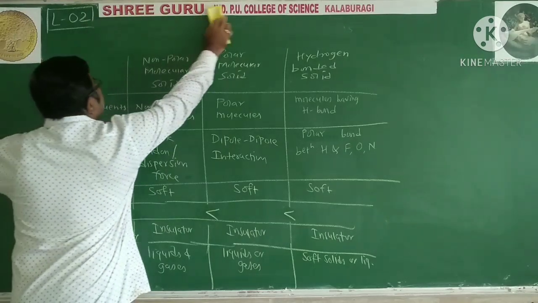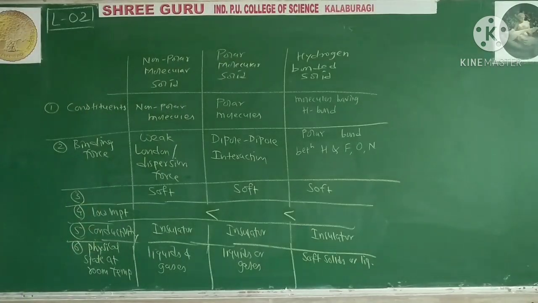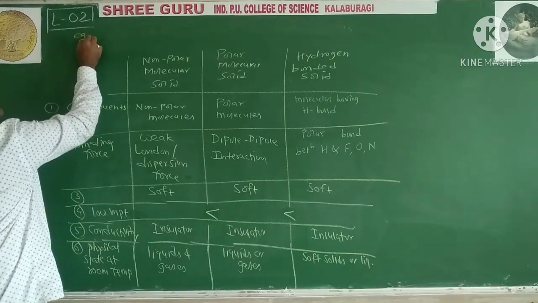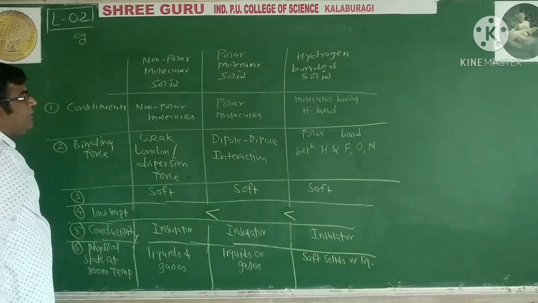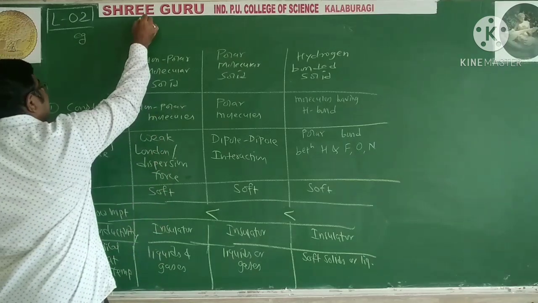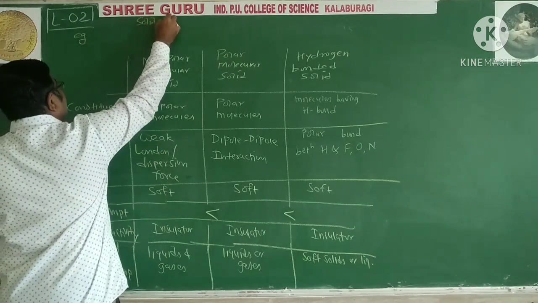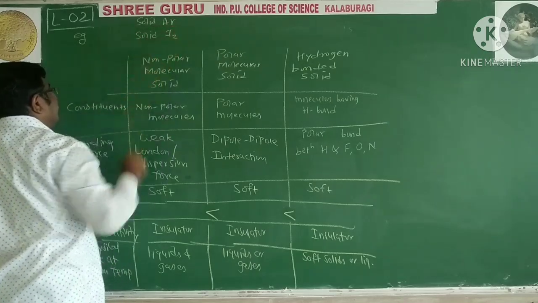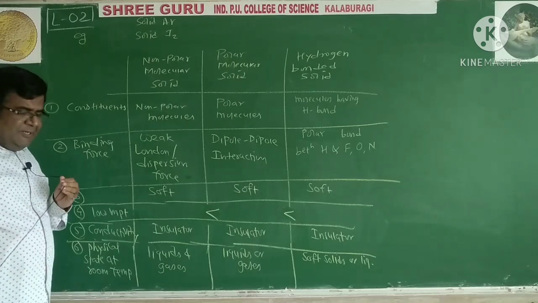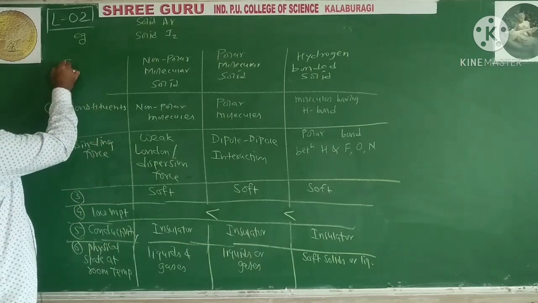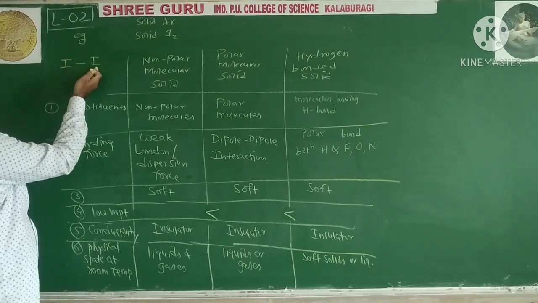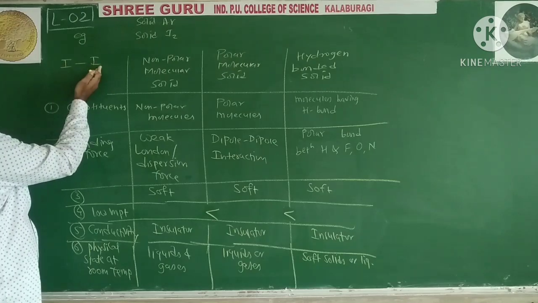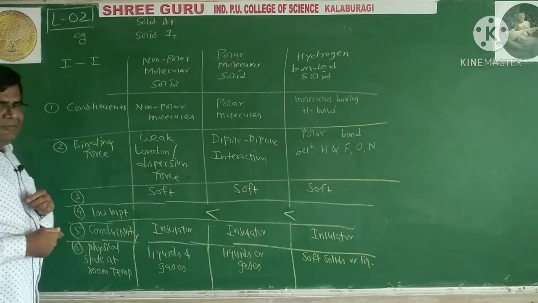Now, last is example. For non-polar molecules, we can give the example of noble gases, solid argon, or solid iodine, because iodine is non-polar. This is iodine, same electronegativity, no poles. It is non-polar.